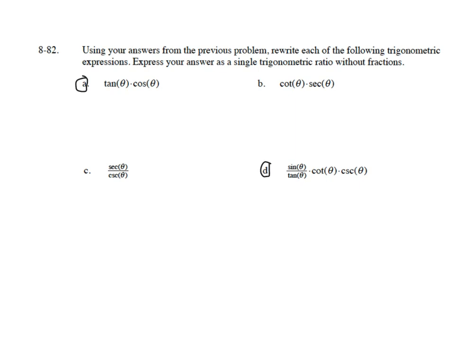Tangent, well, that was the same as sine of theta over the cosine of theta. All I'm doing is replacing tangent with some equivalent expression. And the cosine is just the cosine.